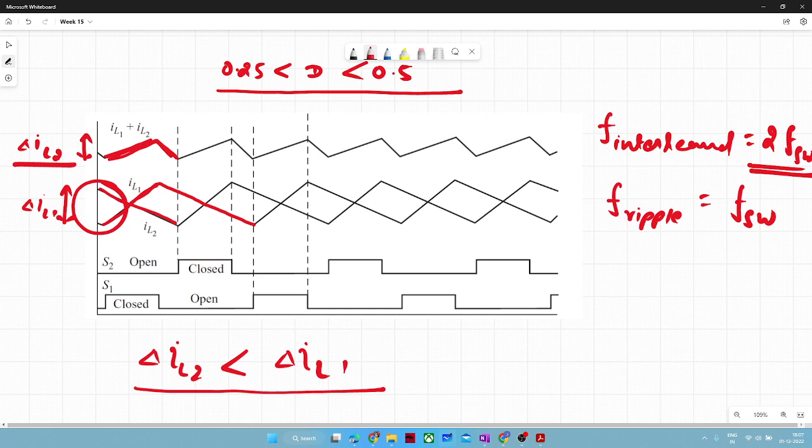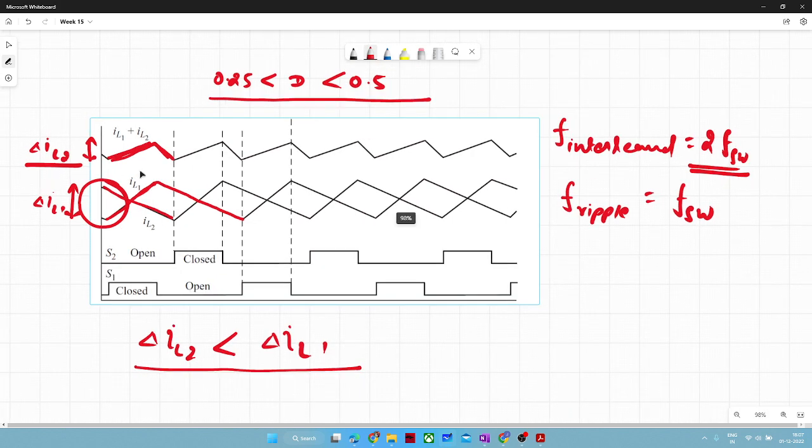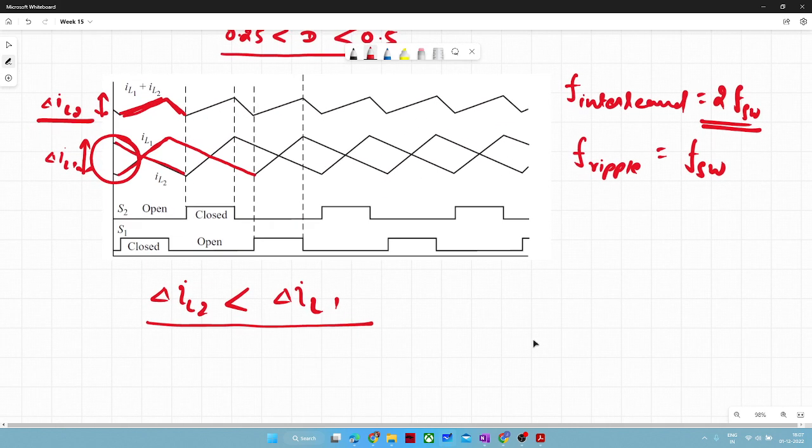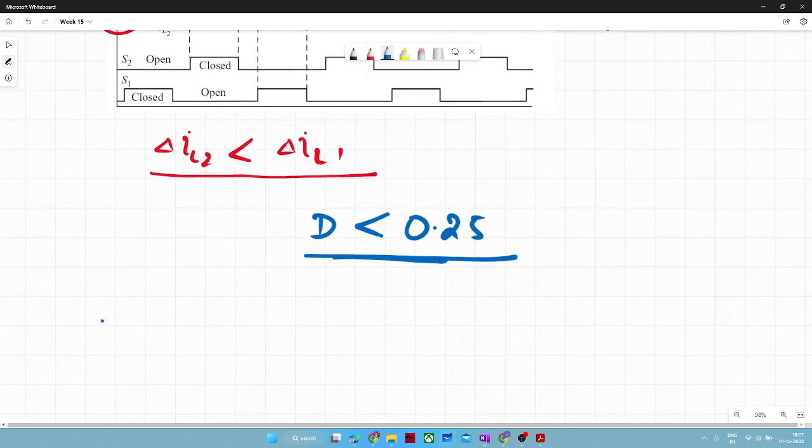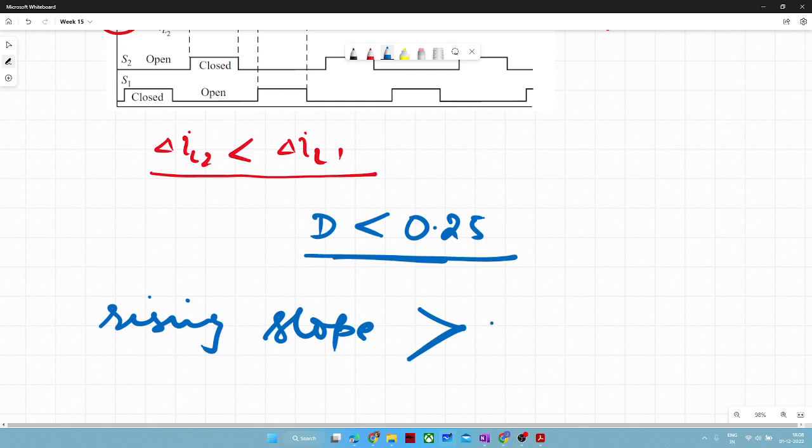And in the other case, let us suppose the duty ratio D is less than 0.25, then you will see that the rising slope would be higher than the falling slope.